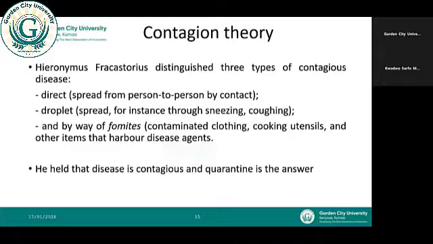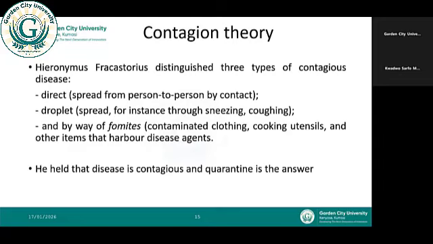Or we have fomites, depending on how you pronounce it. But these are contaminated materials that have the infectious agent. So he said that disease is contagious and quarantine is the answer. So disease can spread from person to person through contact, droplet infection, or fomites, and quarantine is the answer.